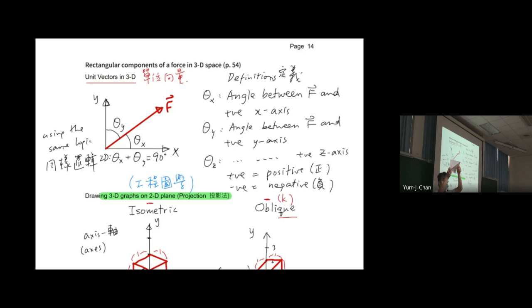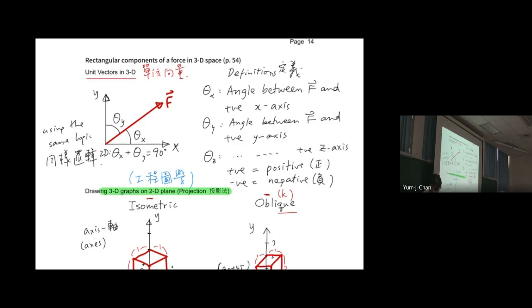Is that okay? So in 3D space, theta x plus theta y is larger than 90 degrees.